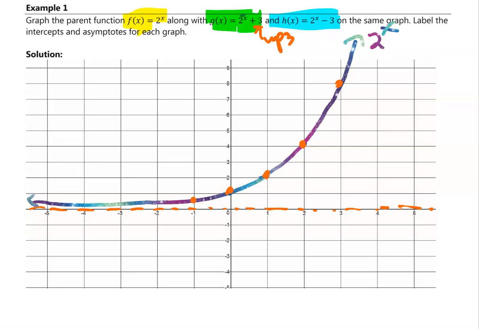So all the points, you just move it up 3. So 1, 2, 3. Oops, it should be green. 1, 2, 3. Should be somewhere here.